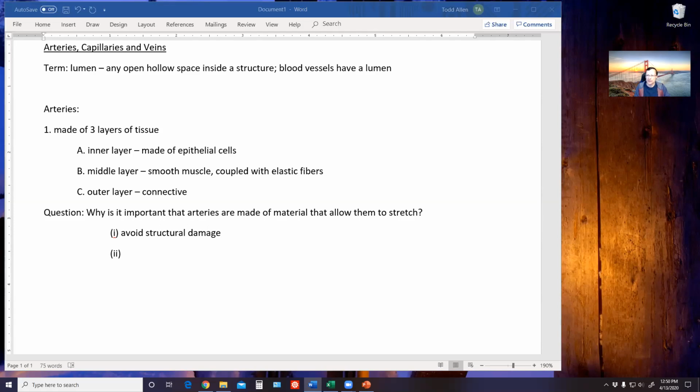Okay, here it comes. Does the ability of blood vessels to stretch help blood pressure change or help keep blood pressure constant? That last word is constant. What do you think?